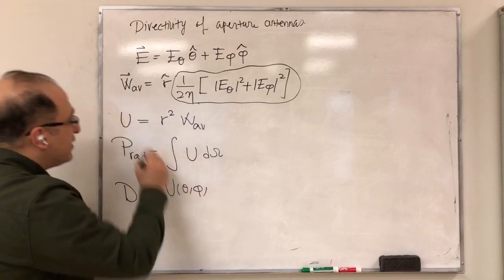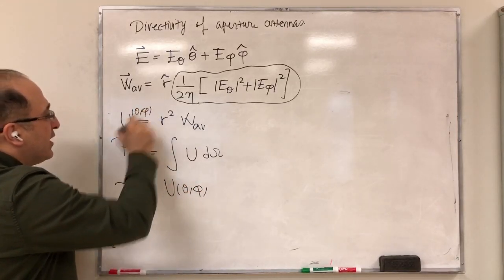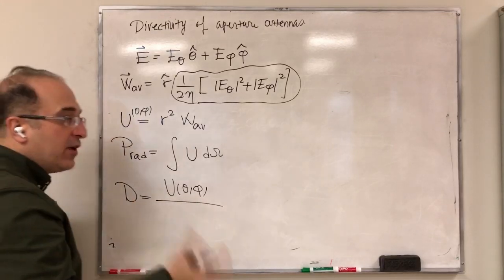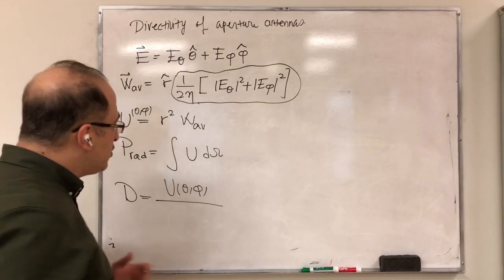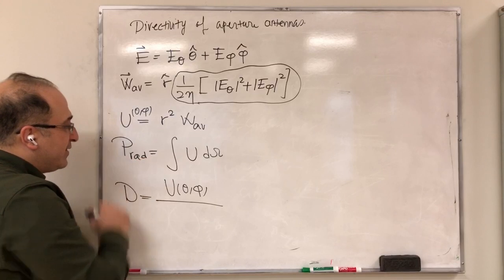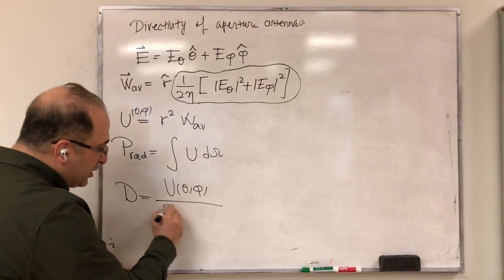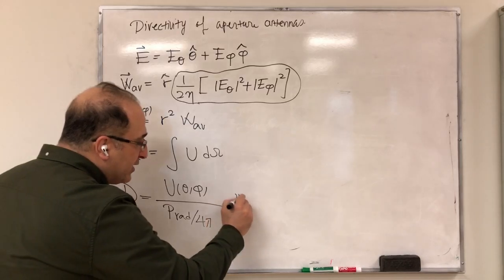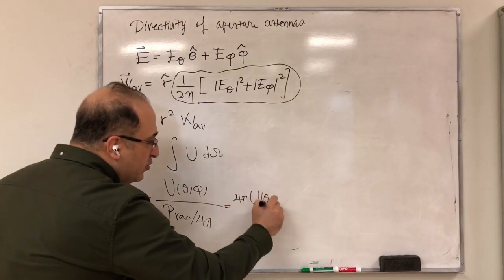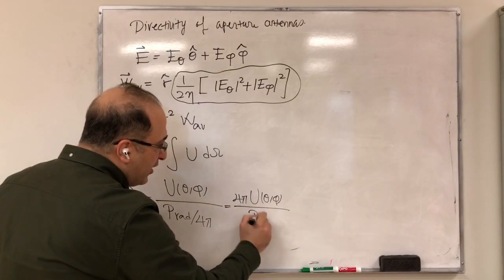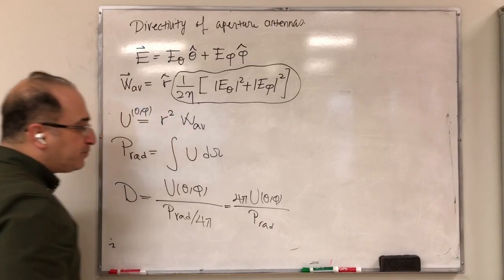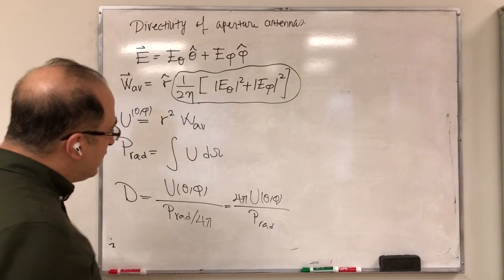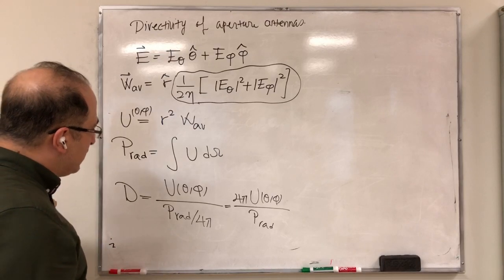And after that, you can have your directivity, which would be the radiation intensity of your antenna, I'm going to write theta and phi here, divided by the radiation intensity of an isotropic antenna, assuming that this is going to be radiated by that, which is P_rad divided by 4 pi, or you may write it as 4 pi U(theta, phi) divided by P_rad. So this is the situation that we have for directivity.